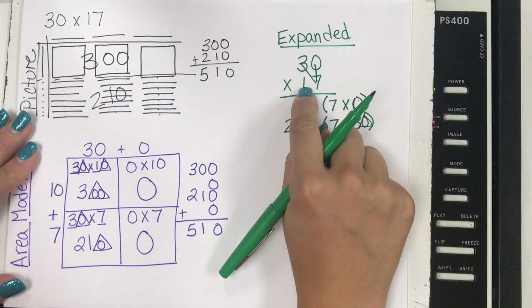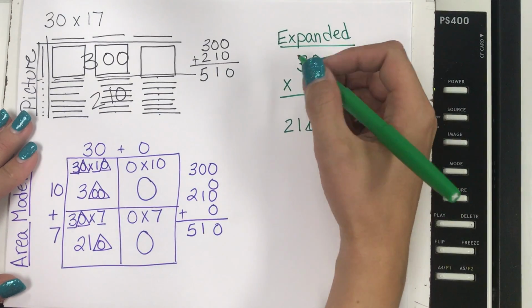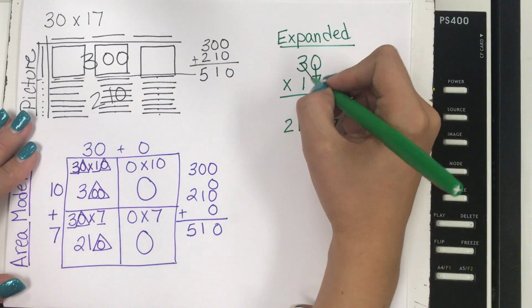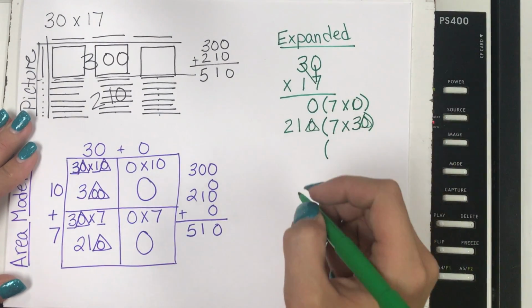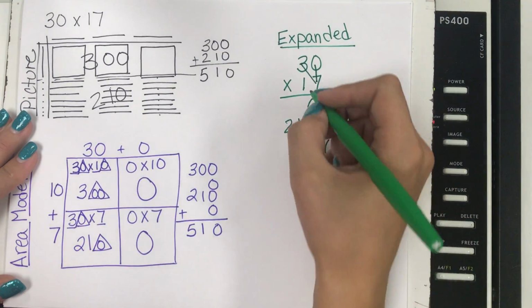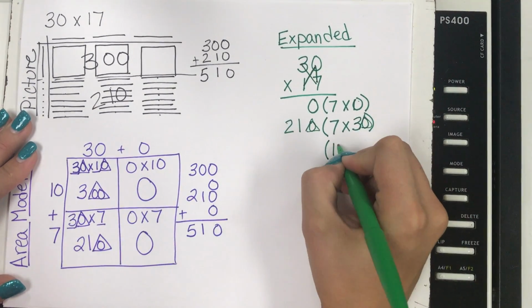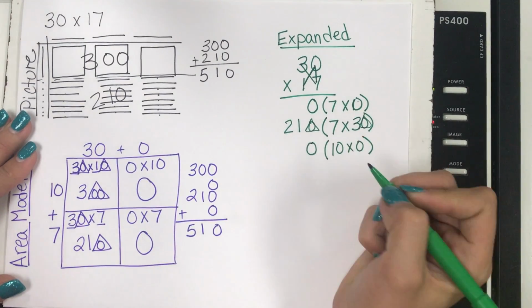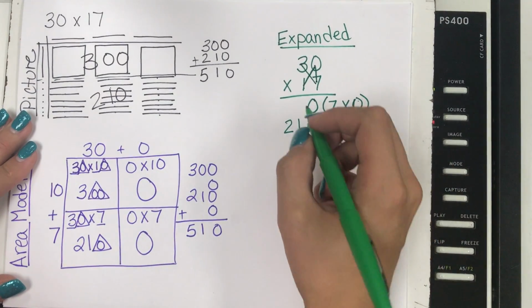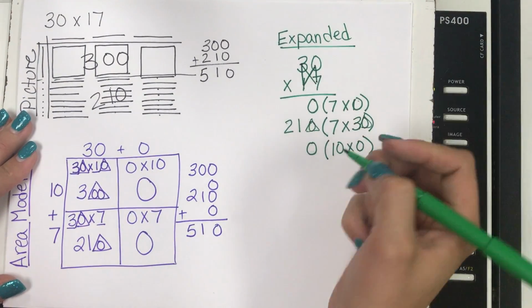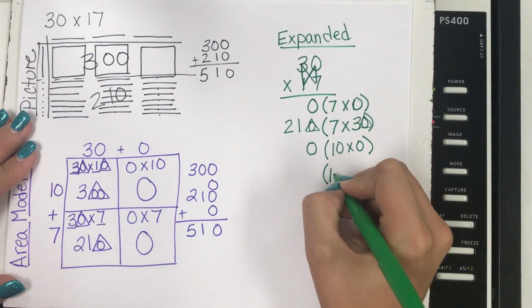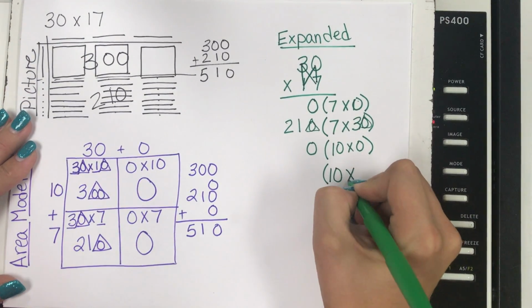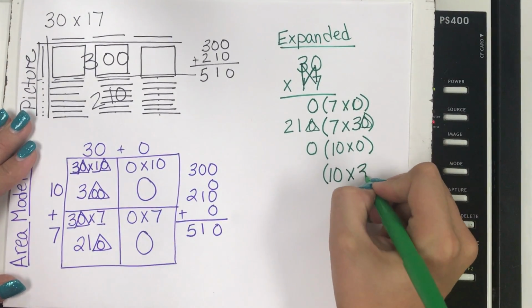So now I'm going to switch over and I'm going to come to my 10. So what's my first thing I need to multiply 10 by? 0. 10 times 0 is what? 0 every time. So then what's the last thing that I need to multiply? 10 times 30.